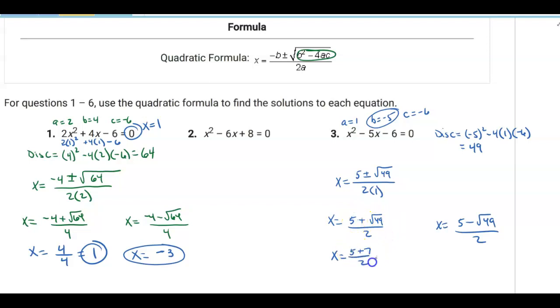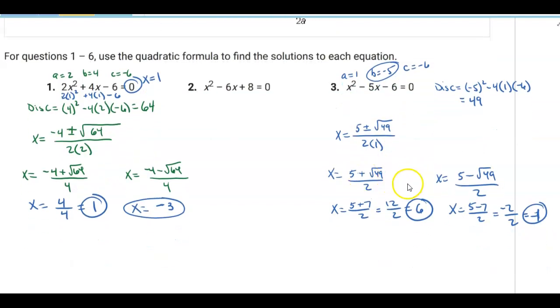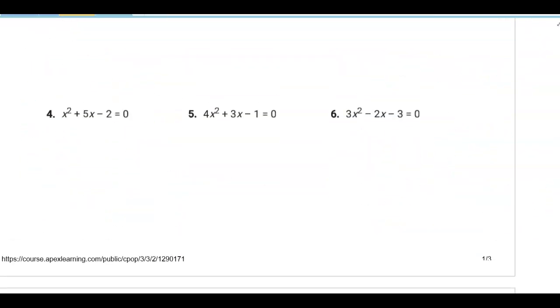So 5 plus 7 divided by 2 is 12 over 2, which is 6. And the other one would be 5 minus 7 divided by 2, which is -2 over 2, which gives you -1. Okay? So it's being able to simplify these or even put it in the calculator is critical. All right? Let's look at a couple others.